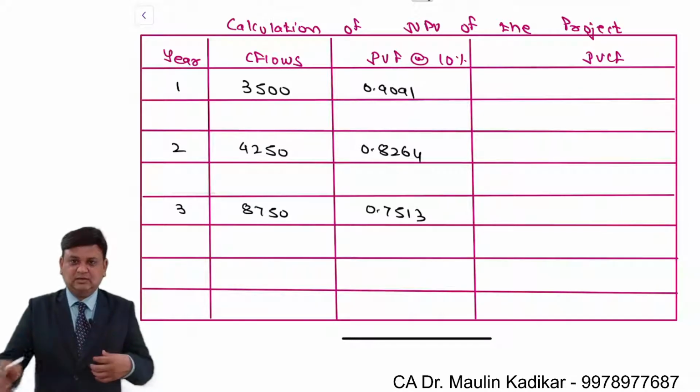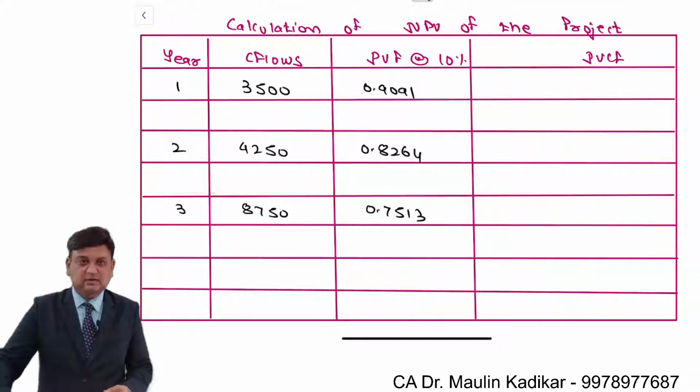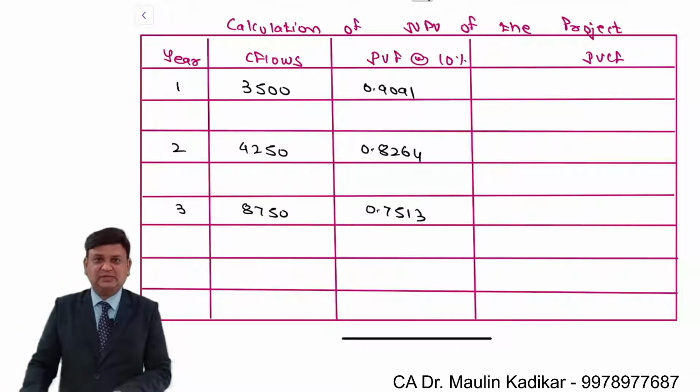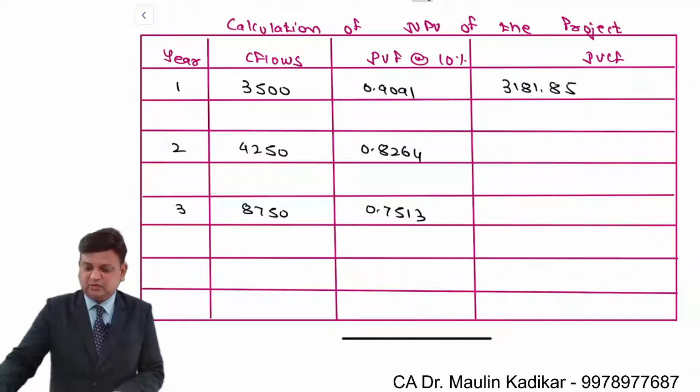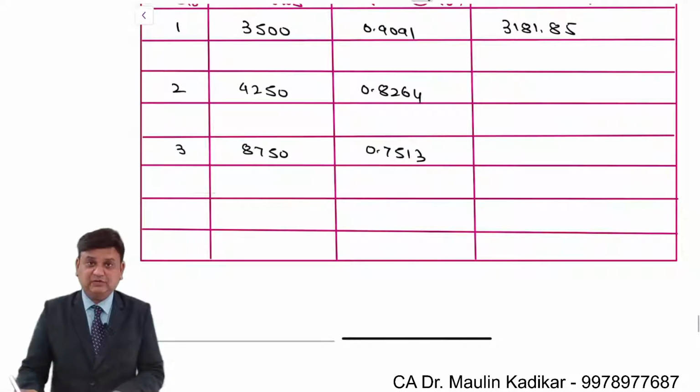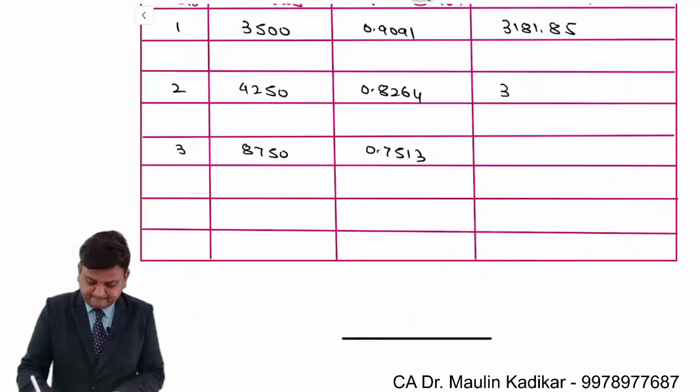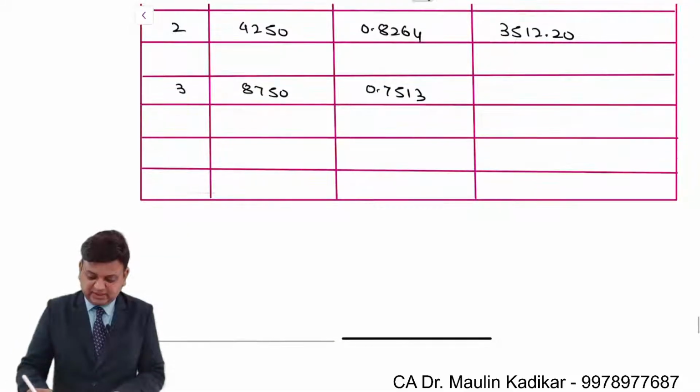Now, first year, cash inflow is 3,500 into 0.9091. So present value of the cash inflow is 3,181.85. Then 4,250 into 0.8264 is 3,512.2. Then 8,750 into 0.7513 is 6,573.88.